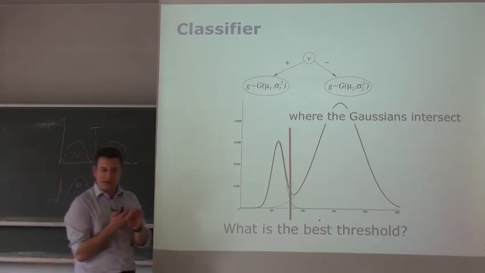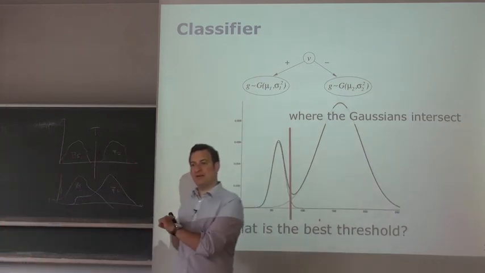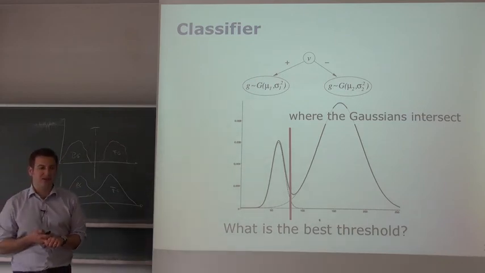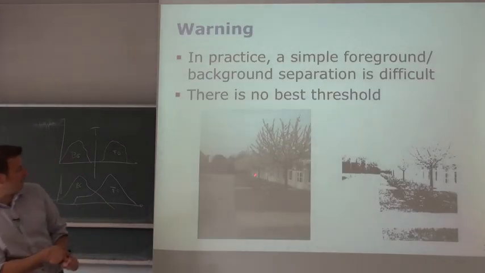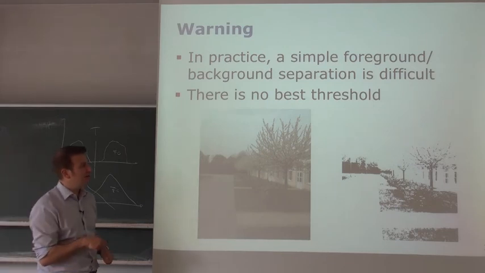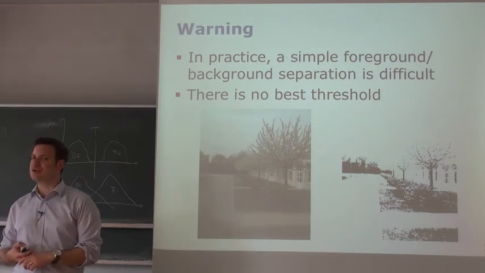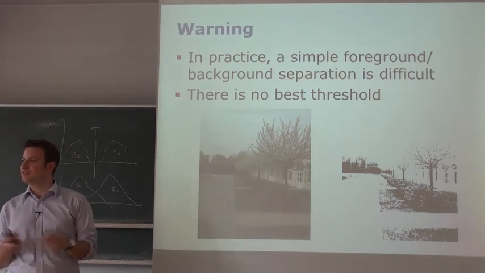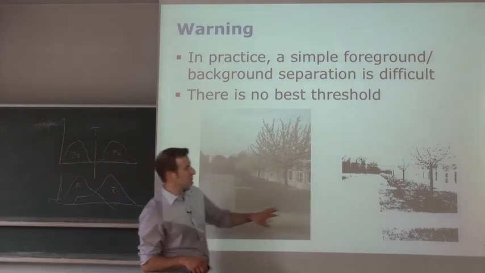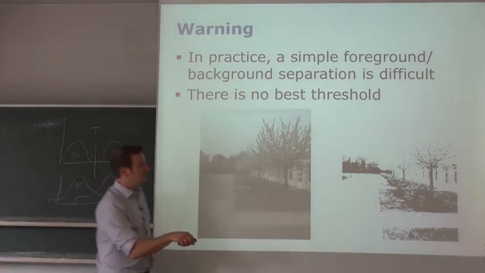But there should be a warning: this never really works in practice, or it only works in very, very well-engineered situations. So this is a small example. This is a picture of some vegetation and some concrete, and this is such a simple thresholding operation trying to identify vegetation. Vegetation is my foreground, everything else is background. You can see that it roughly works.